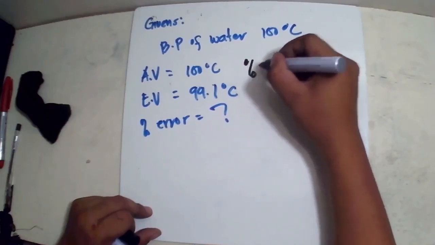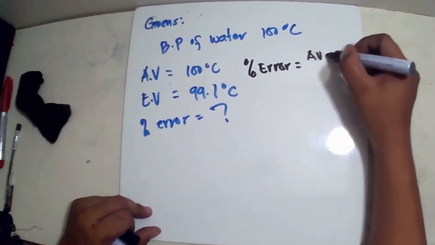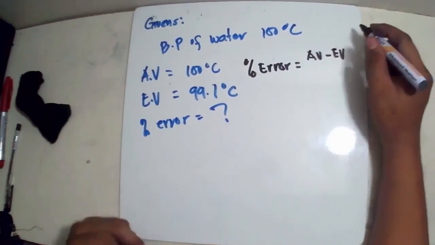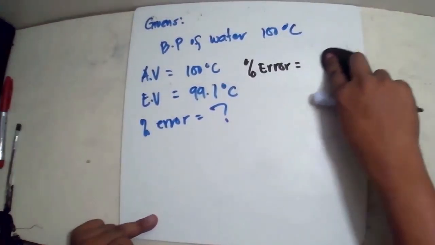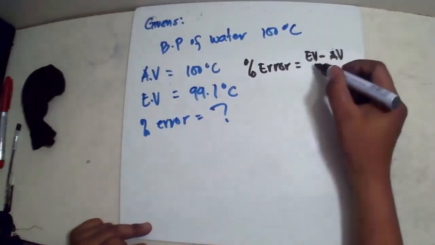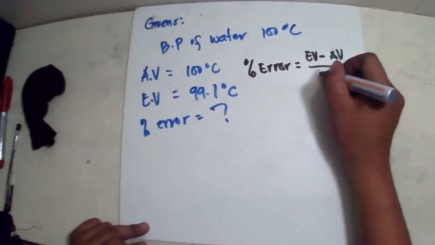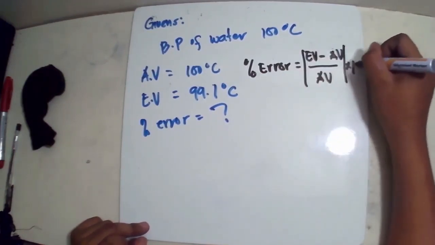Let's go to our formula. Percent error is equal to the experimental value minus the accepted value, divided by the accepted value, all in absolute value, multiplied by 100%.